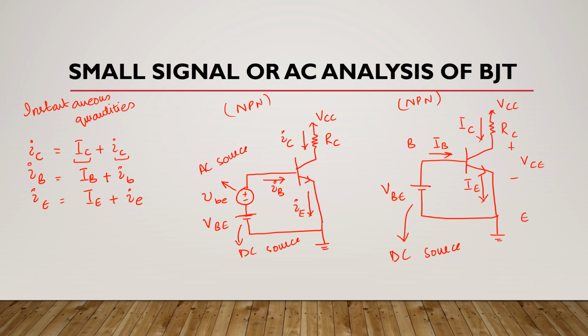So the instantaneous source will be vBE is equal to VBE, the DC source, plus vbe, the AC source. These are instantaneous quantities and they are sum of DC quantities and time varying or AC quantities.